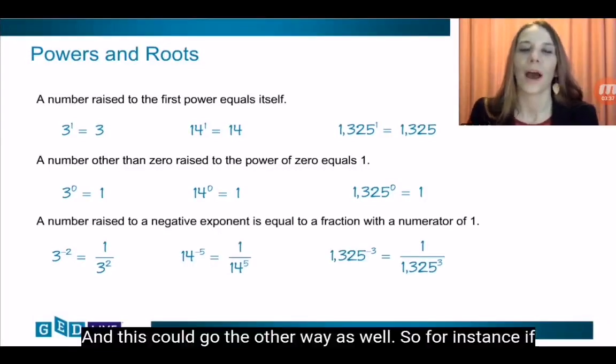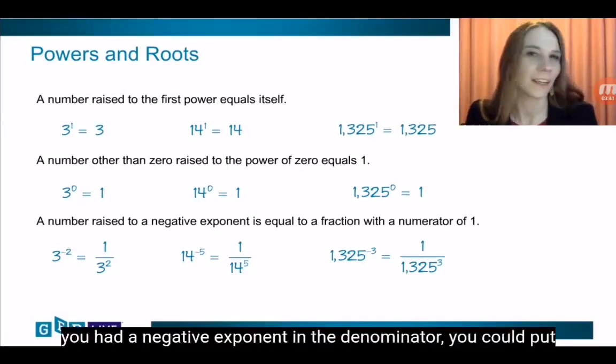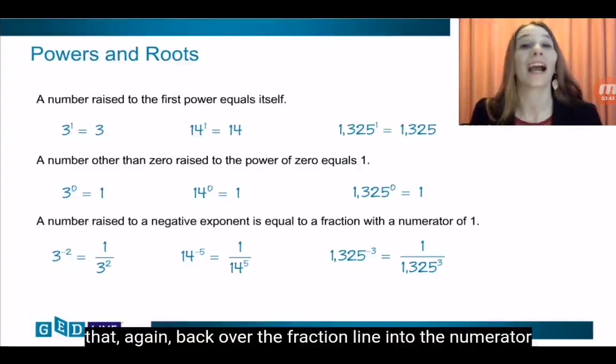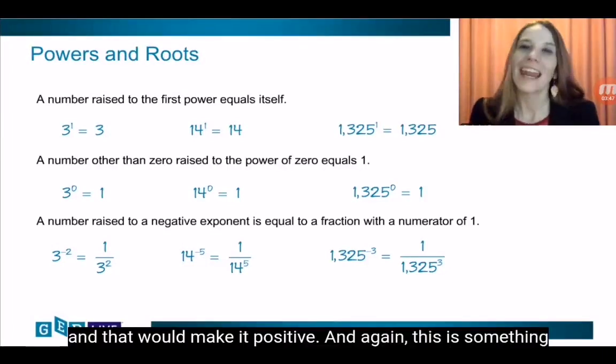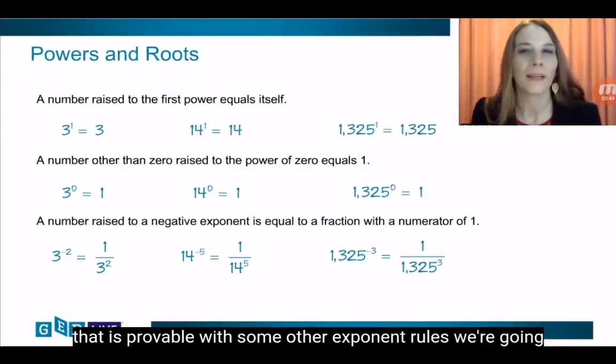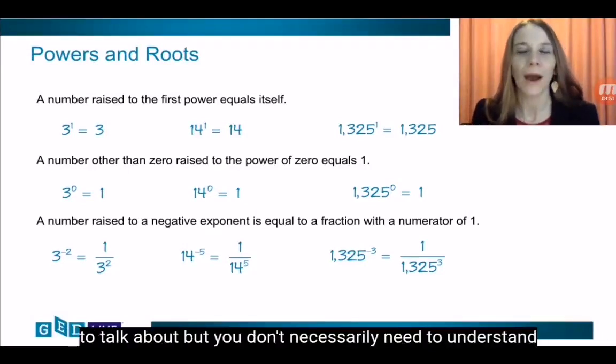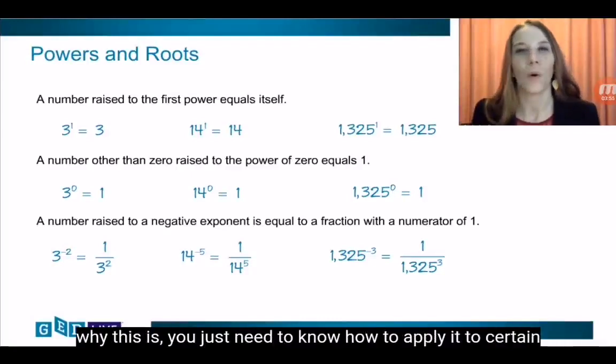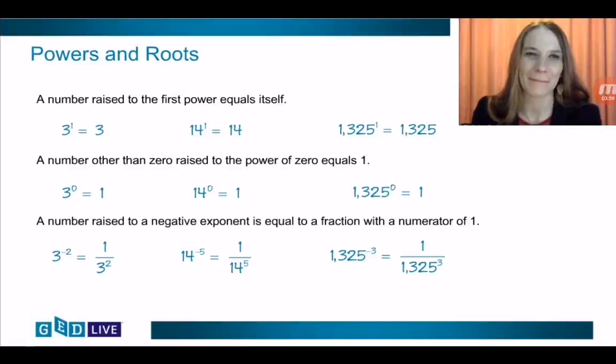And this could go the other way as well. If you had a negative exponent in the denominator, you could put that back over the fraction line into the numerator, and that would make it positive. Again, this is provable with some other exponent rules we're going to talk about, but you don't necessarily need to understand why this is. You do just need to know how to apply it to certain questions on test day.